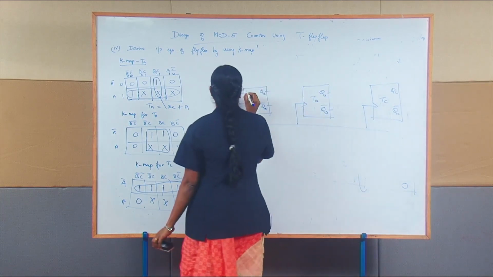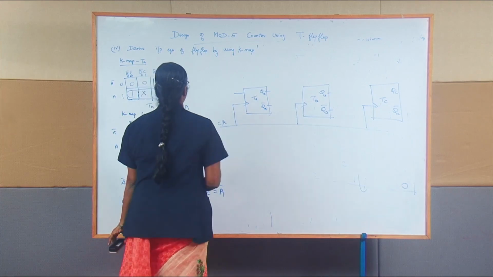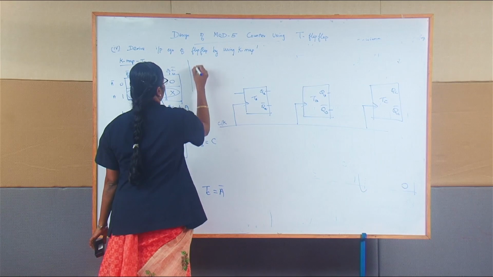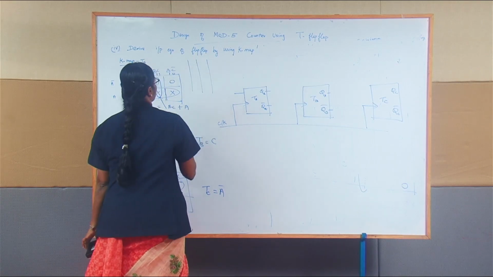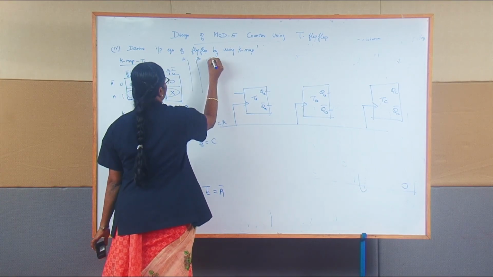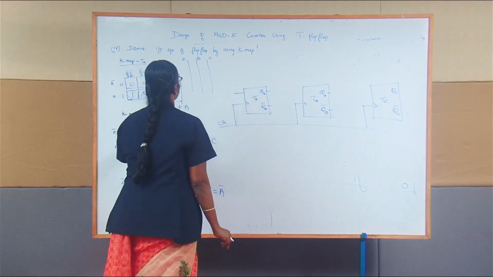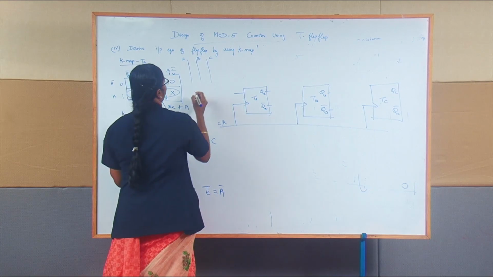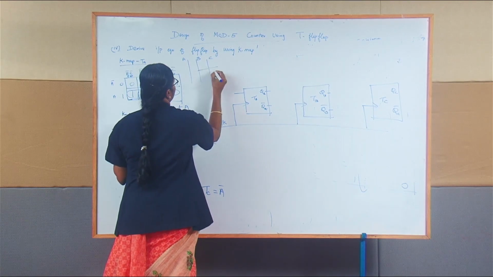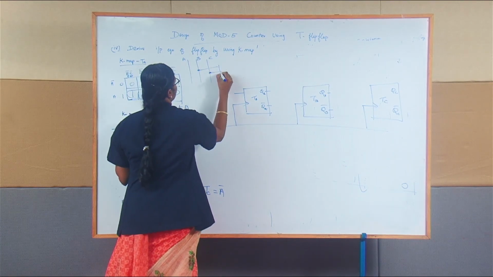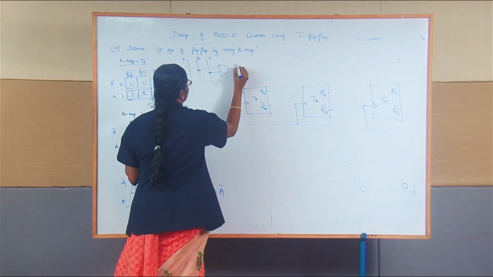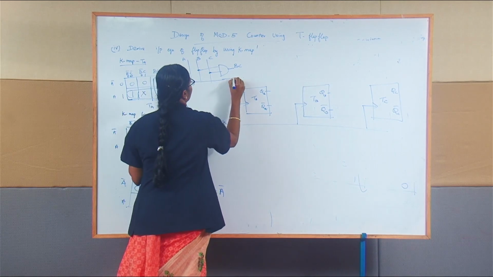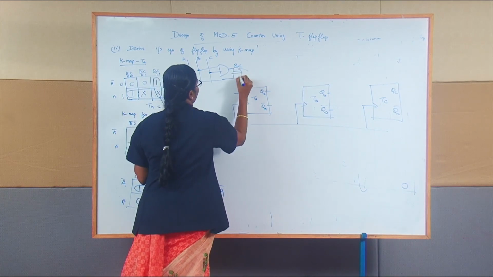For TA, the inputs needed are A, B, C, so here we can draw the 3 inputs: A, B, C. And for TA, we need BC plus A. So here we have BC using an AND gate, and we give the A input to the OR gate.